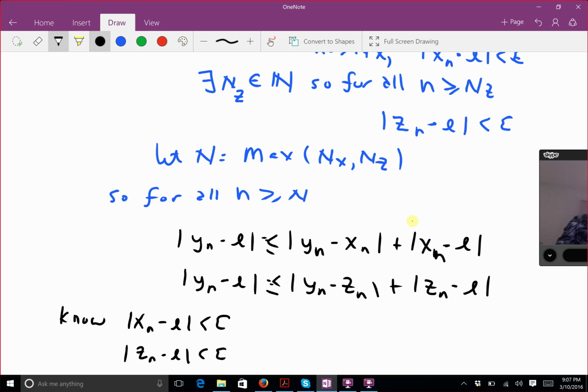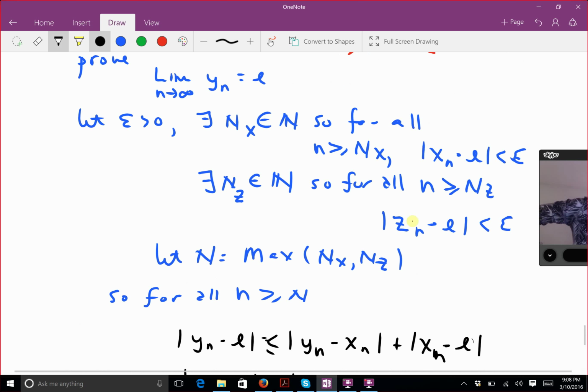I chose this one so that when everyone's greater than it, this is less than epsilon, and I chose this one so that it is at least as large as both of these. So when small n is greater than or equal to capital N, both of these will be true.